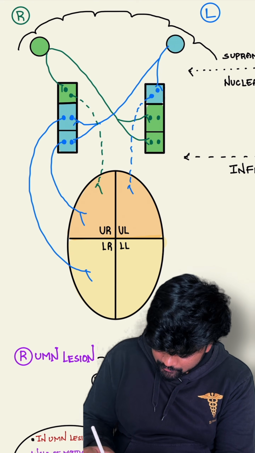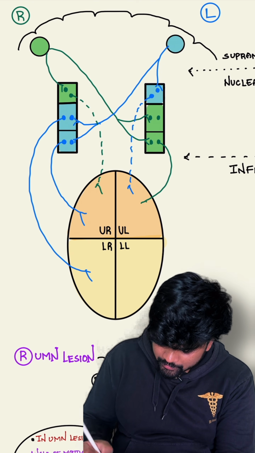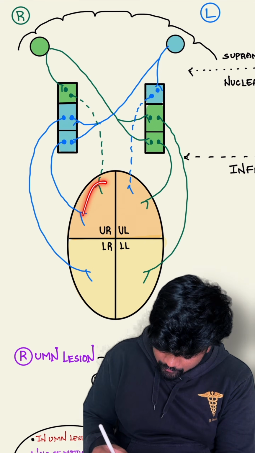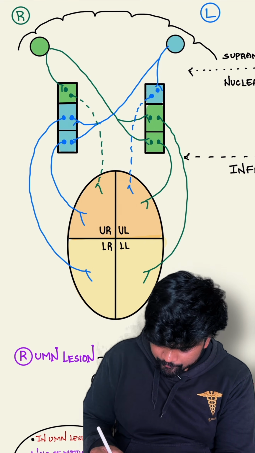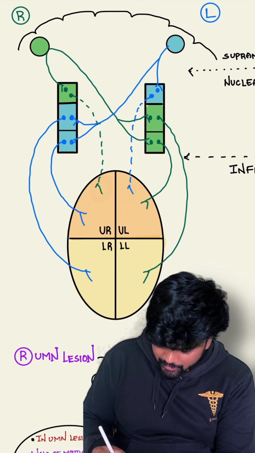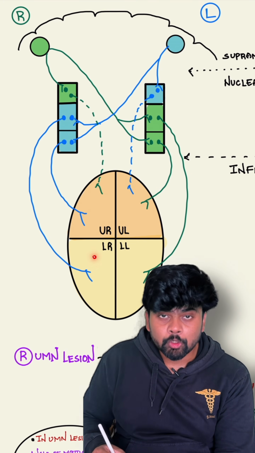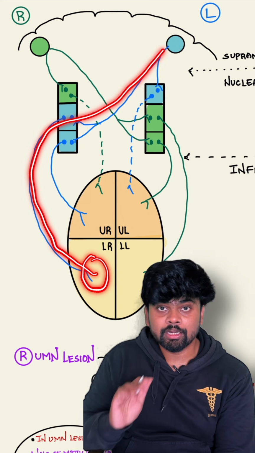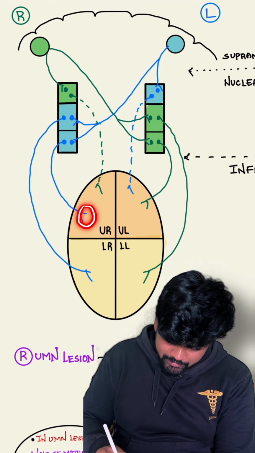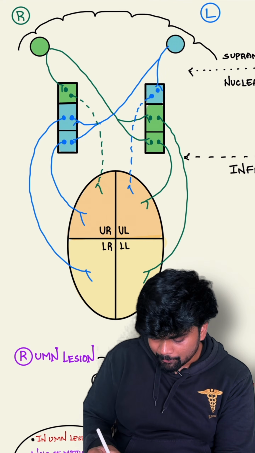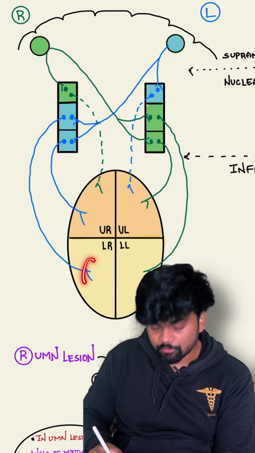Similarly, on the other side, the one part will be controlling the upper quadrant, the other part will be controlling the lower quadrant. Now the upper quadrants are supplied by ipsilateral nerve also and by contralateral nerve also. The lower quadrant is supplied by the contralateral part, while the upper part is supplied by the contralateral as well as the ipsilateral part. So upper quadrants have dual supply, the lower quadrants have single supply.